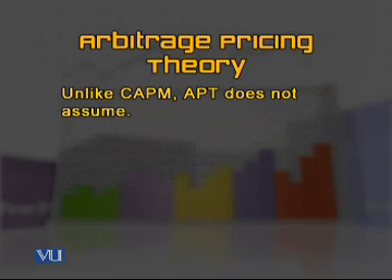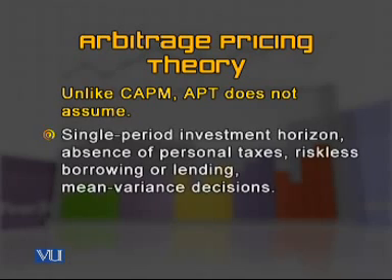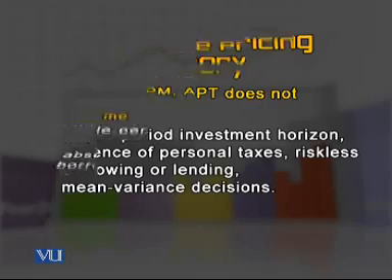Unlike capital asset pricing models, the arbitrage pricing theory does not assume a single period investment horizon, absence of personal taxes, riskless borrowing or lending, or mean variance decisions. These are two different things. Arbitrage pricing theory is all about arbitrage.